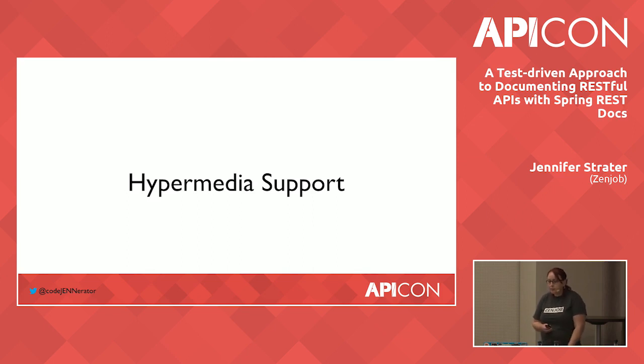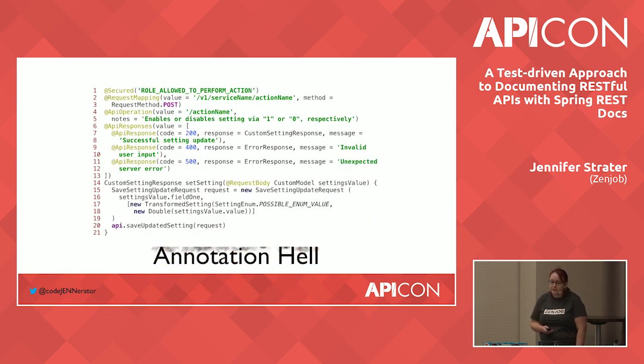But perhaps the most annoying thing that kept coming up is this concept of all of these annotations. If most people were at least familiar with Spring or Spring Boot, there are lots of annotations in general. Now we're adding even more.